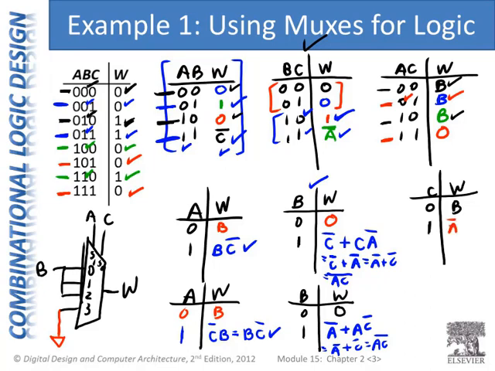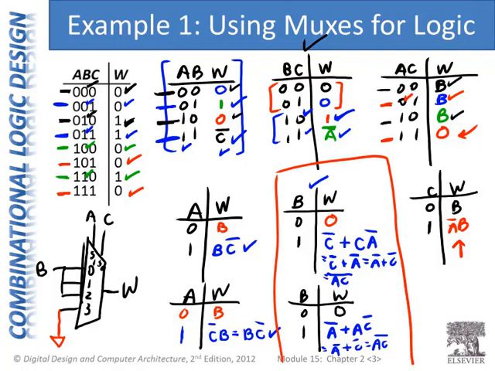So A bar B. When A is high, there's no way to get a 1 on our output W. Again, this one requires an inverter and an AND gate. So this one, having B on our select line, is the winner here.